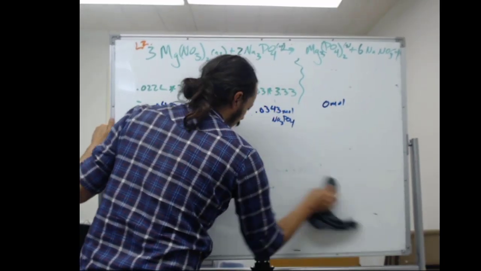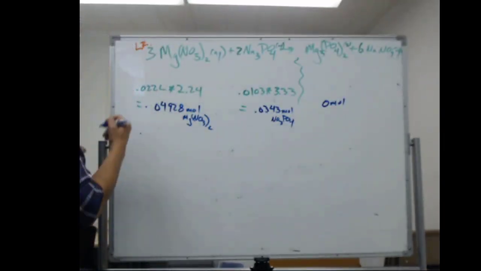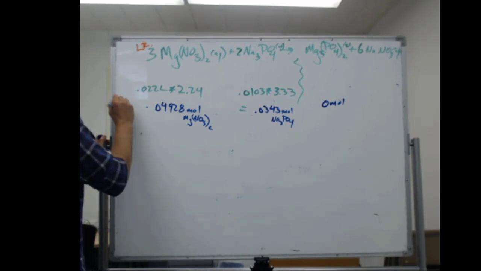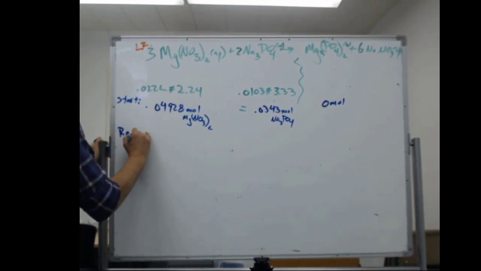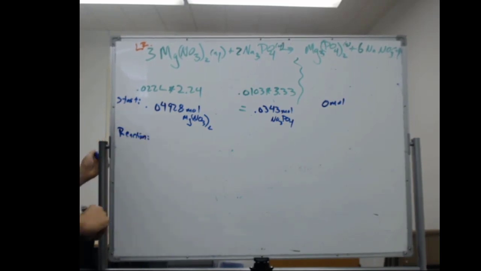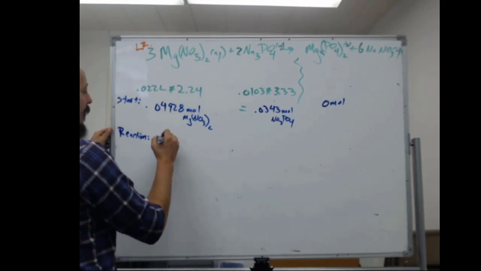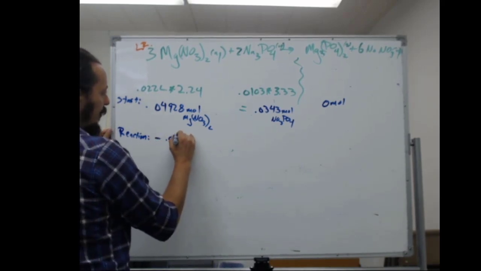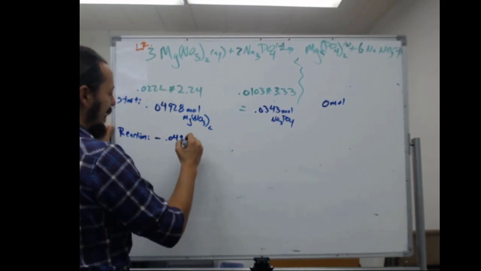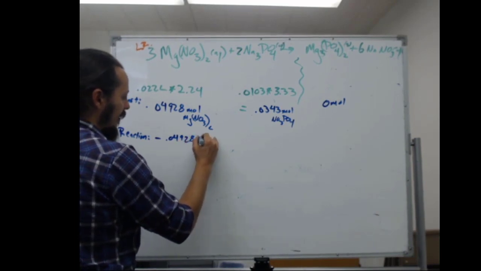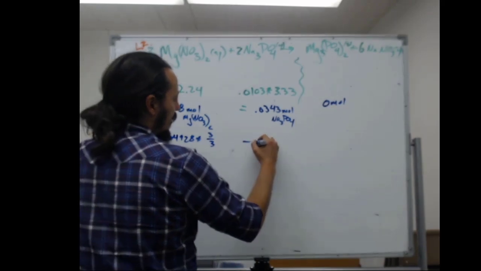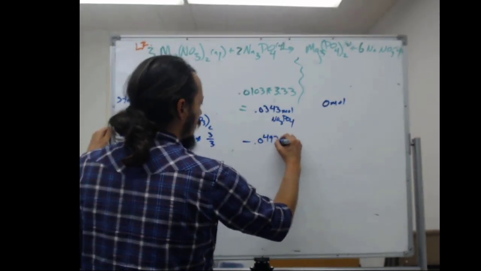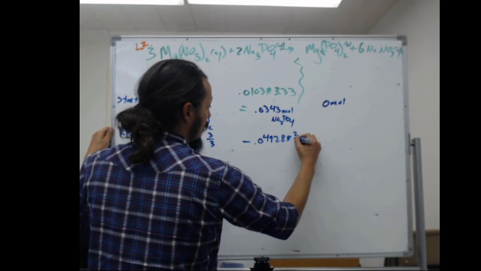So we're going to start with these numbers in blue, which I call the start. Our reaction will be subtract the limiting reactant from everything on the reactant side: 0.04928 times 3 to 3, minus 0.04928 times 2 to 3.